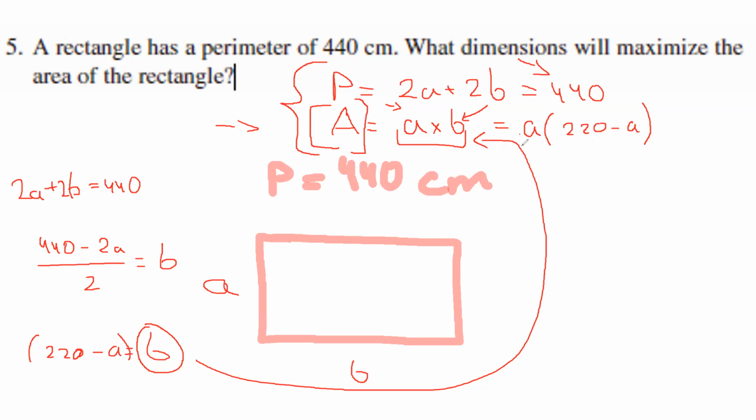So this is my new function for area. I simplify it, I basically open the brackets, and I can see that I have a quadratic function, right? And I just need to solve it for 0 in order to find critical points.